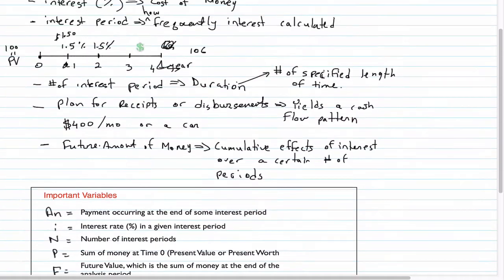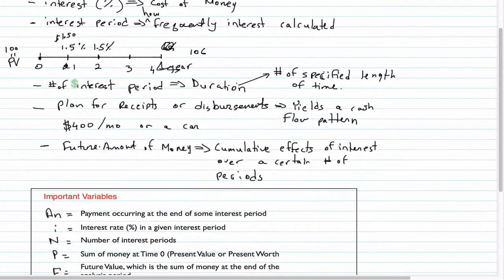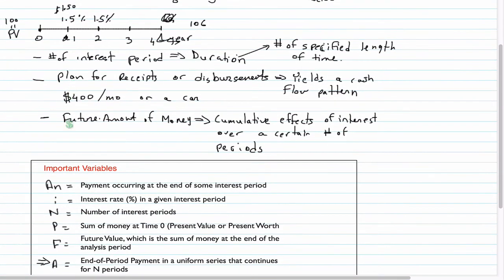Let's pick a period in this example that we have here. We pick period 1, and it says end of period payment in a uniform series. So this is a uniform series that continues for n periods.